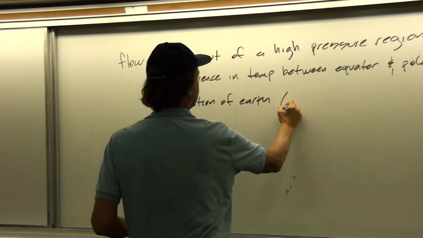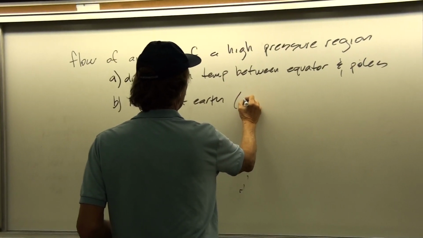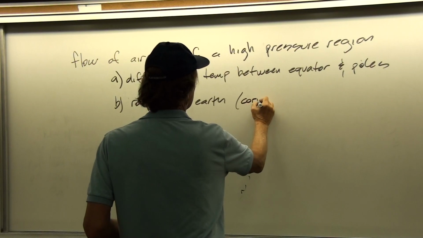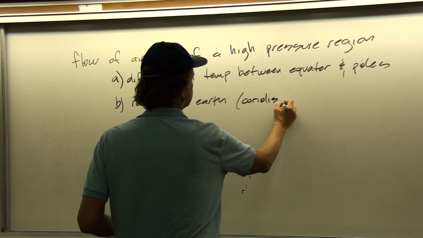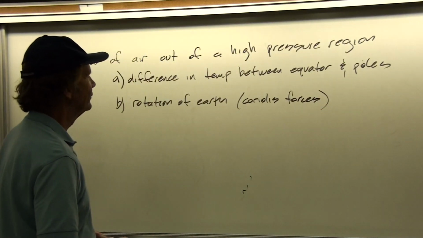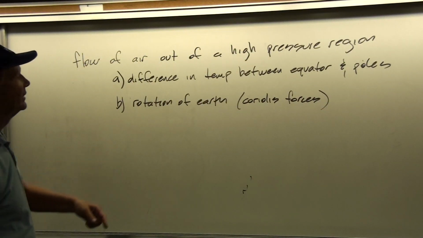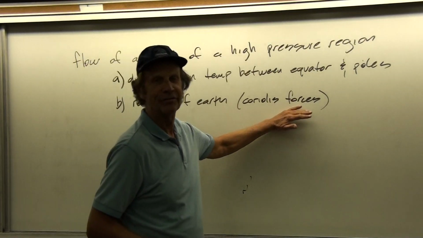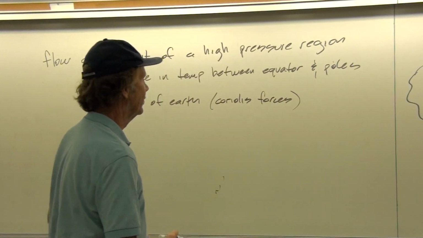So both of these are associated with what are called Coriolis forces. Which you don't need to be an expert on for this class, but if you want to Google this and get more information on it, that's what it's called.